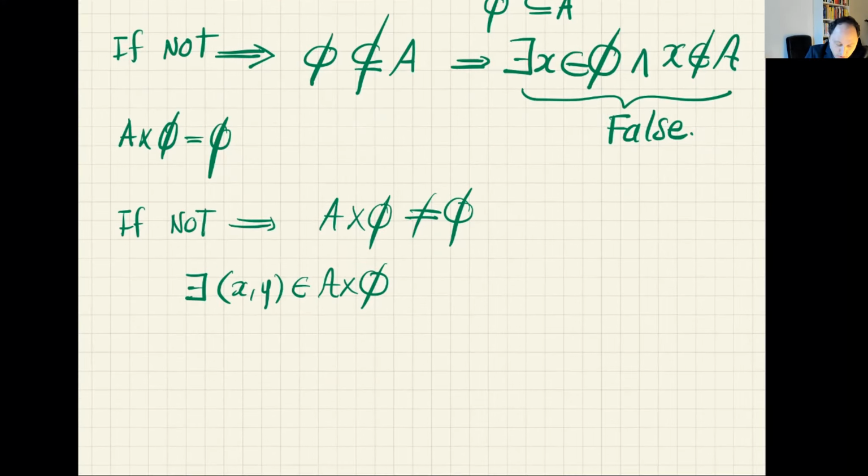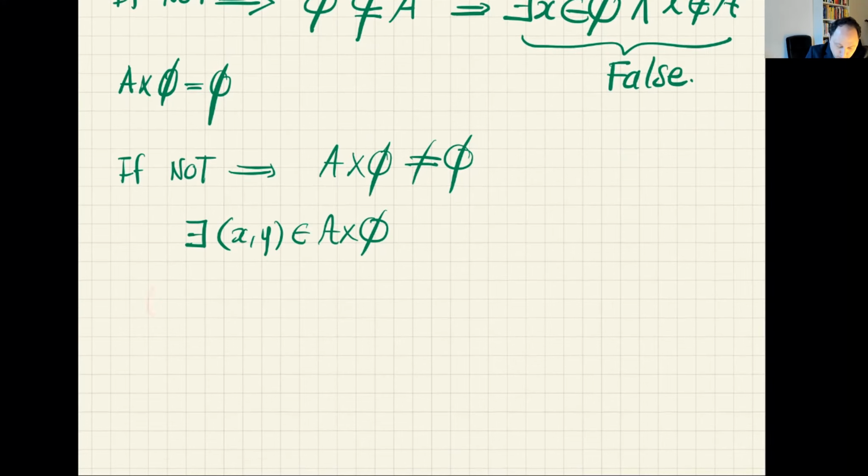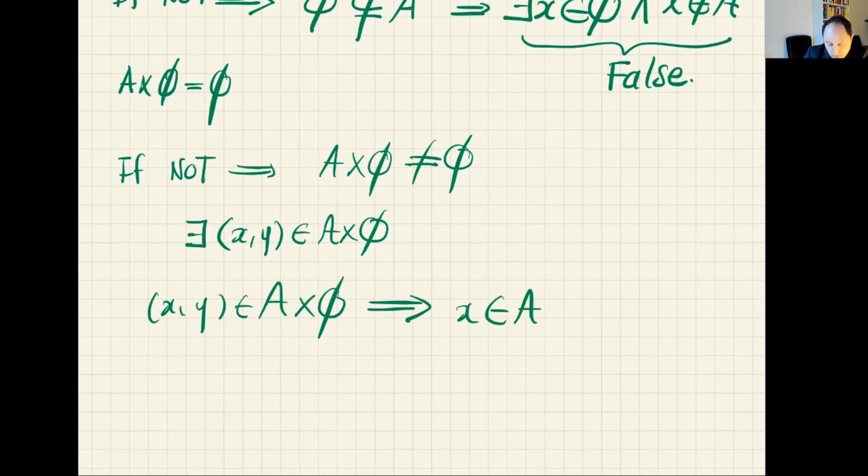Okay? Now you are telling me that this ordered pair belongs to A cross empty. So what can I conclude? It means that the first component should be in A, no problem, and the second component should be in the second set. But this is problematic.